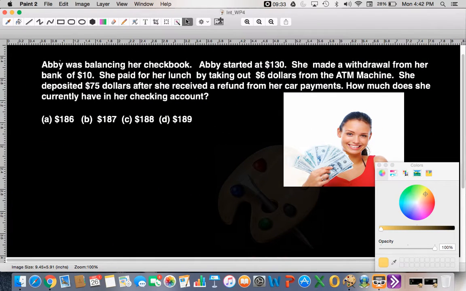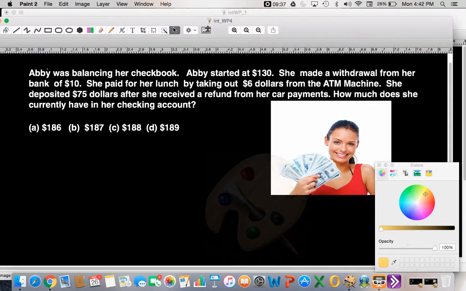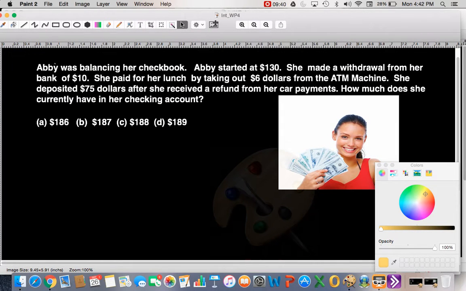Abby was balancing her checkbook. Abby started at $130. She made a withdrawal from her bank of $10. She paid for her lunch by taking out $6 from the ATM machine.